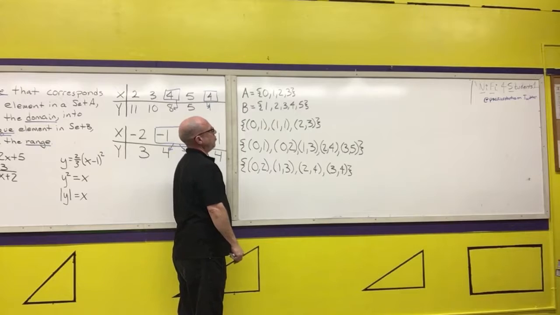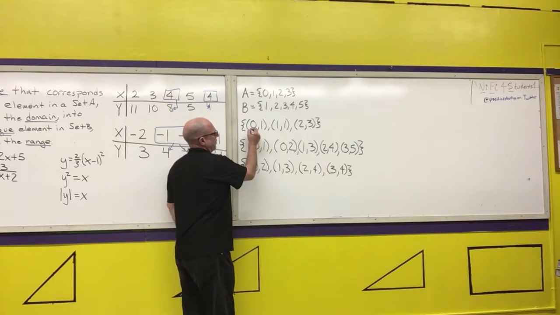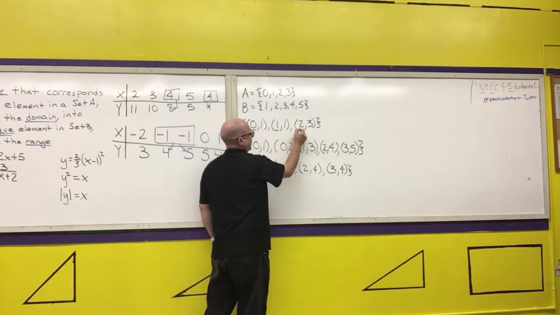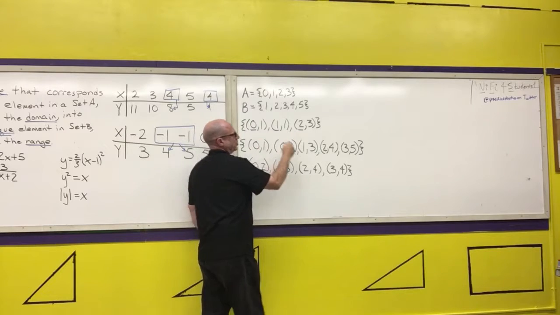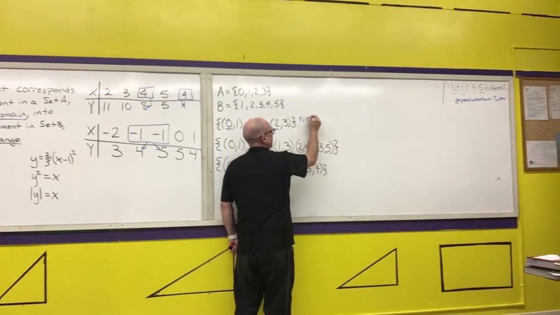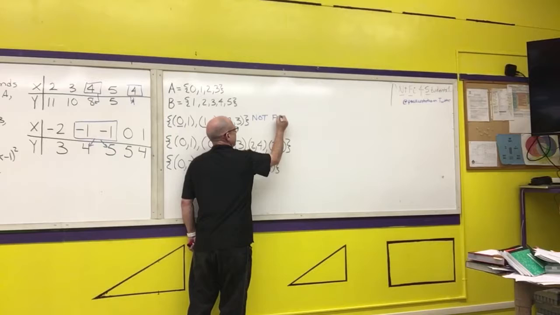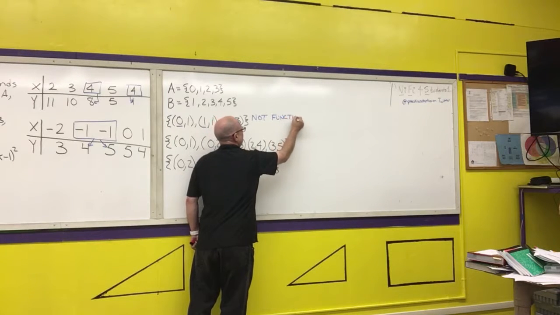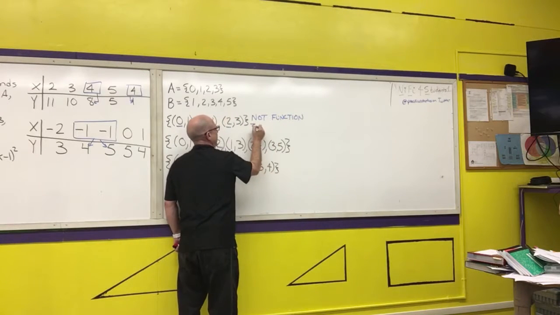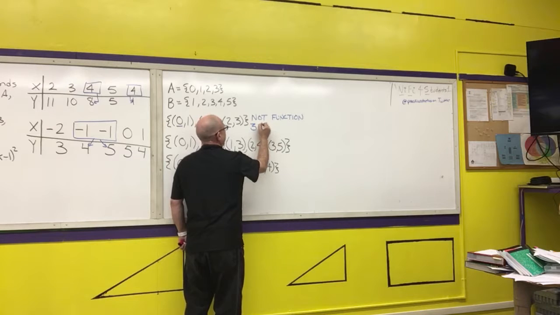So I need to have 0, 1, 2, and 3. I have a 0, I have a 1, I have a 2. This is not a function, and the reason why it is not a function is 3 is not used.